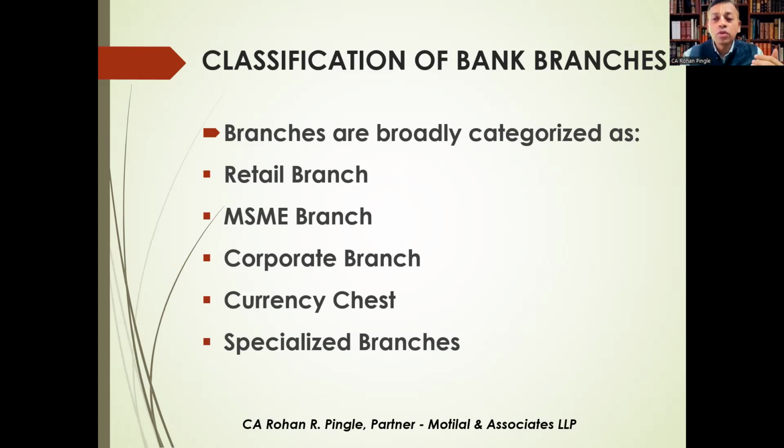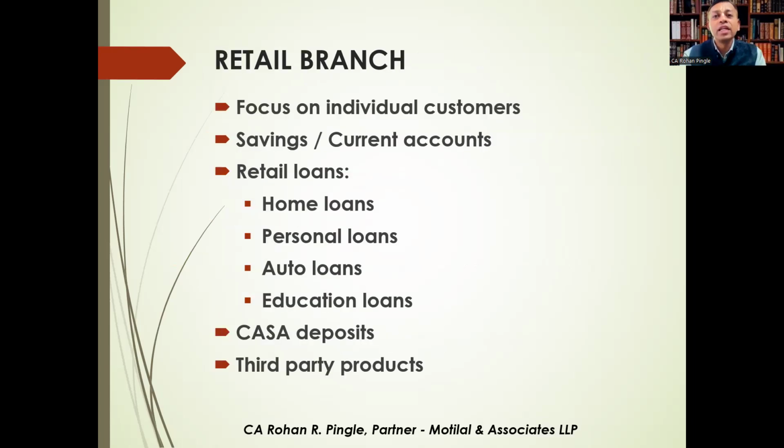First, let's see the retail branch. Retail branches are volume driven branches. Key risk areas under retail branches are KYC compliance, fake accounts, loan documentation gaps, incorrect CIBIL checking, income assessment errors, gold loan valuation fraud, and third-party product mis-selling.